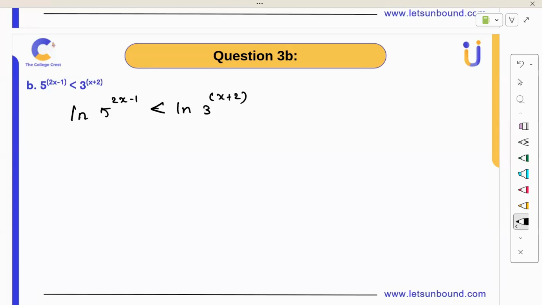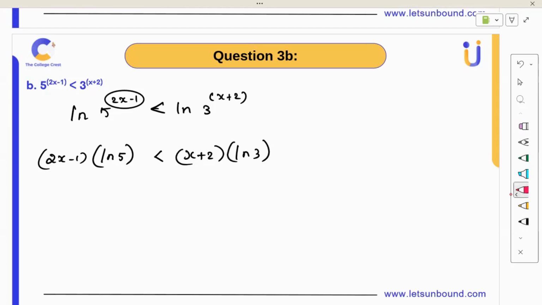Now, ln or log has some input, and it has a power, so you can write it like 2x minus 1 times ln 5. Okay, ln 5 is a number, less than x plus 2 times ln 3. It's a number, so we should be careful here. Then you can multiply.